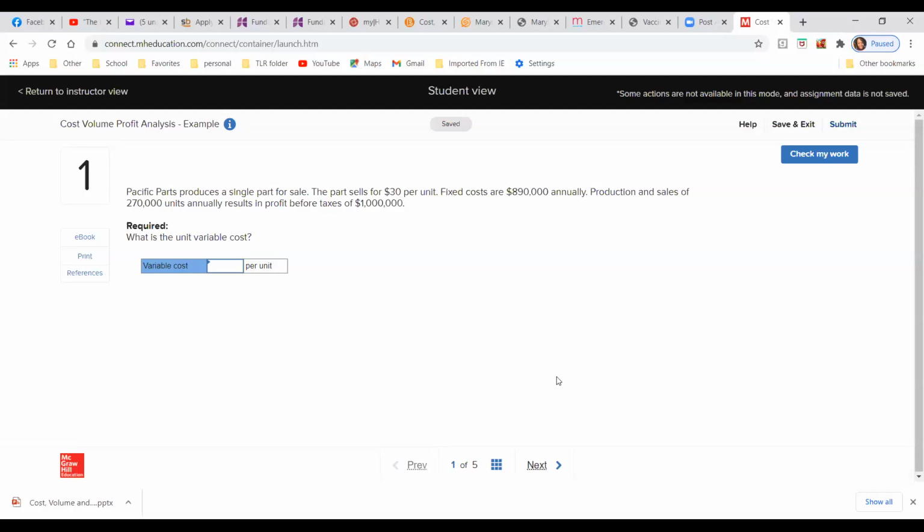Now, there's a couple ways to do this. I'm going to do it one way. And then you tell me if that makes sense to you, then I'll try it another way if we can get the right answer. I'm going to prepare a contribution margin statement. So what I'm going to do is take my sales at $30 per unit and multiply it times the 270,000 units sold annually.